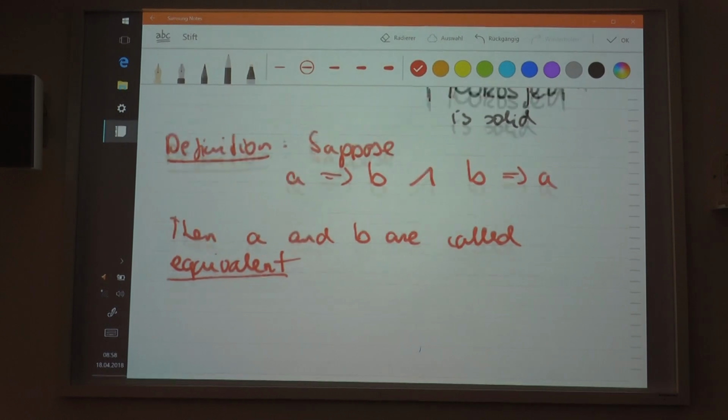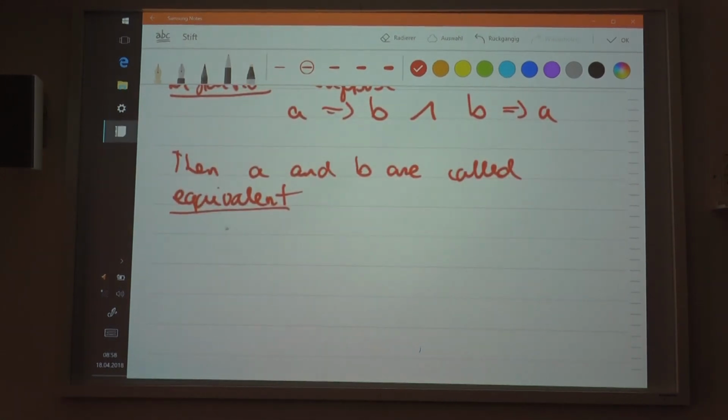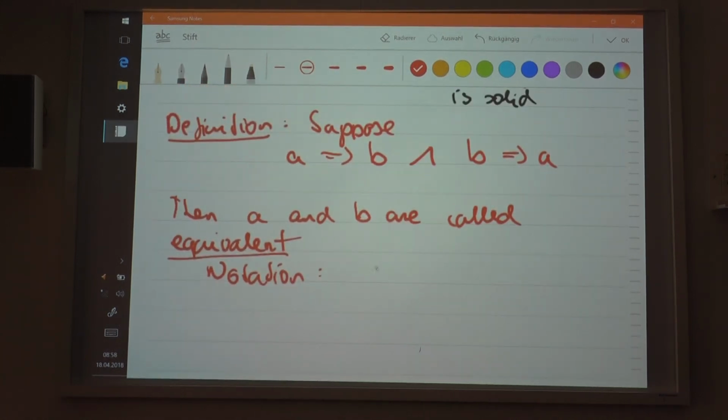So the notation for equivalency is actually clear, right? If A is sufficient for B, and B is sufficient for A, this is just this double arrow, left and right arrow, as you can see. This is the sign for equivalency. You have probably seen this before.